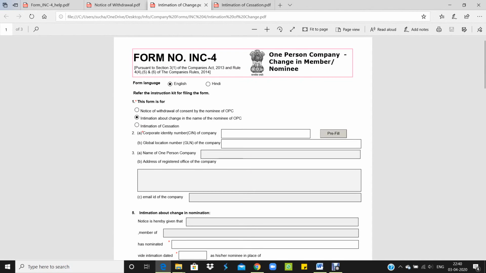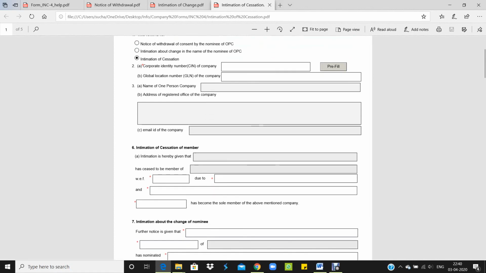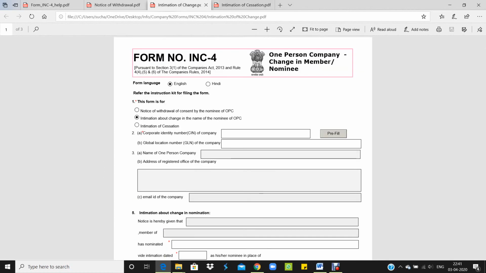Let's move on to the third option, intimation of cessation. If you select intimation of cessation, what will happen? Serial numbers 4 and 7 appeared for notice of withdrawal of consent given by the nominee. In the second option, intimation about change in the name of the nominee of OPC, only the fifth option appeared, that is intimation about change in nomination.